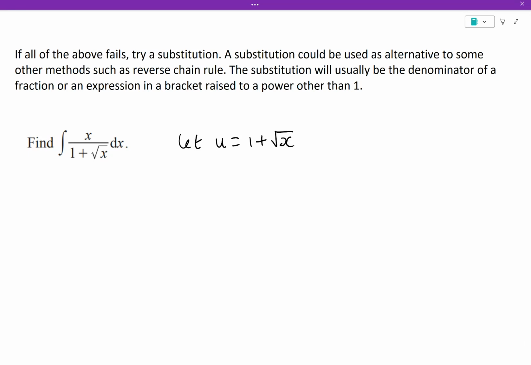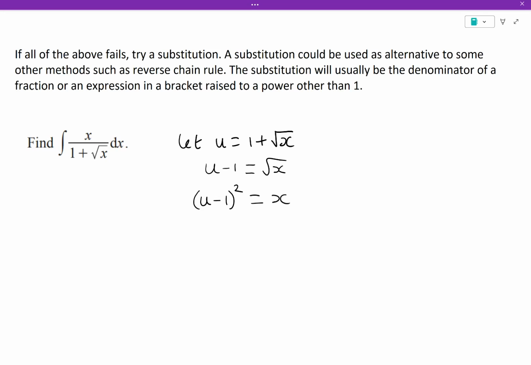Although I don't like the fact that this root x is going to be a fractional power, and if I can avoid that in my differentiation, I want to. So one thing you could do is rearrange our substitution to make x the subject instead. So we have u subtract 1 is equal to root x, and then to get x on its own, we square both sides. So we get u take 1 squared is equal to x.